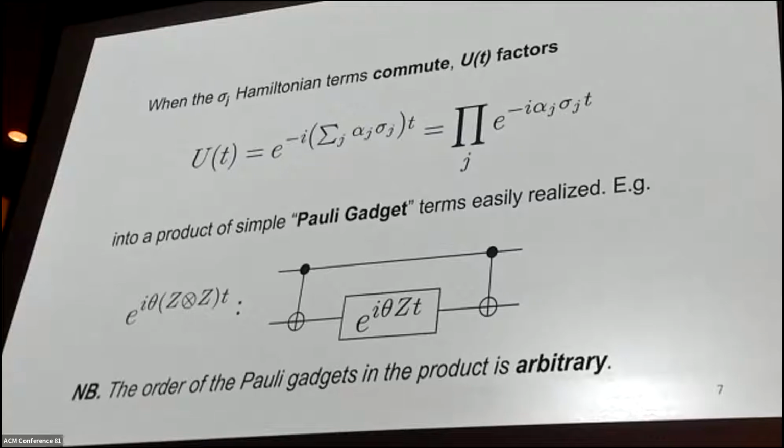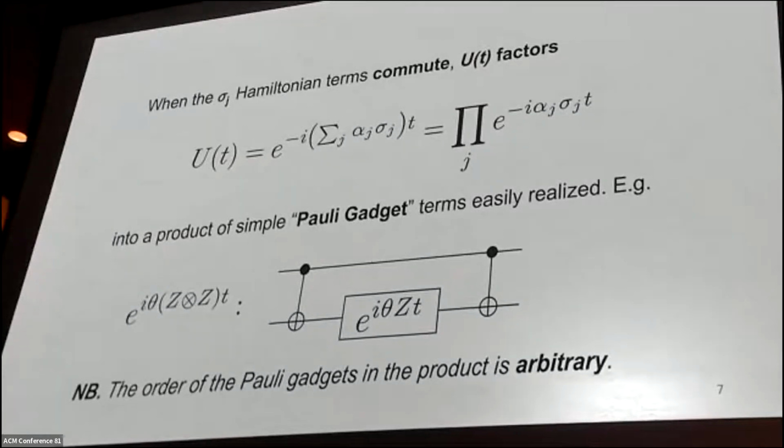Now, when the Hamiltonian terms commute, in terms of the arithmetic of these operators, it's pretty much the same as standard arithmetic with real numbers. In particular, the exponentiated operator term factorizes simply the way e to the a plus b factorizes to e to the a times e to the b. And it factorizes into these rather nice simple units, which we call Pauli gadgets.